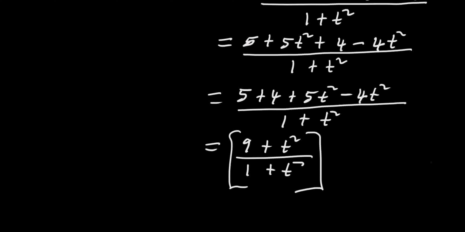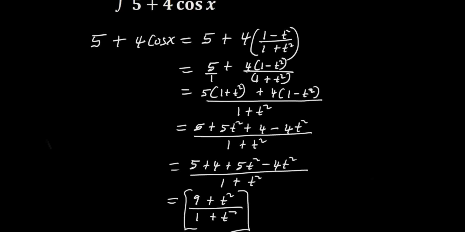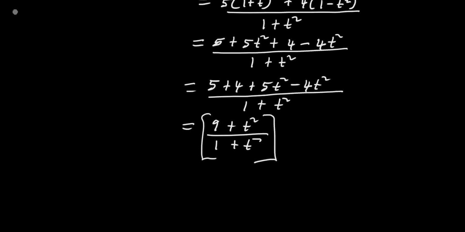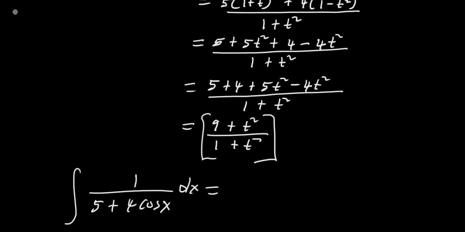We are going to take this value now and substitute it into the denominator in the integral of 1 over 5 plus 4 cos x dx, which is now equal to the integral of 1 over (9 plus t squared) over (1 plus t squared).